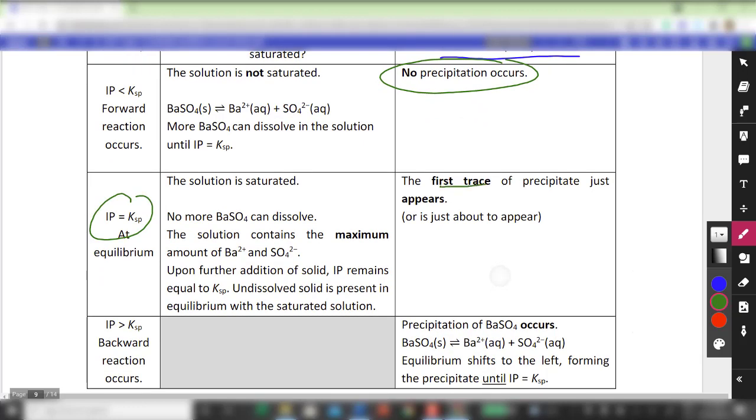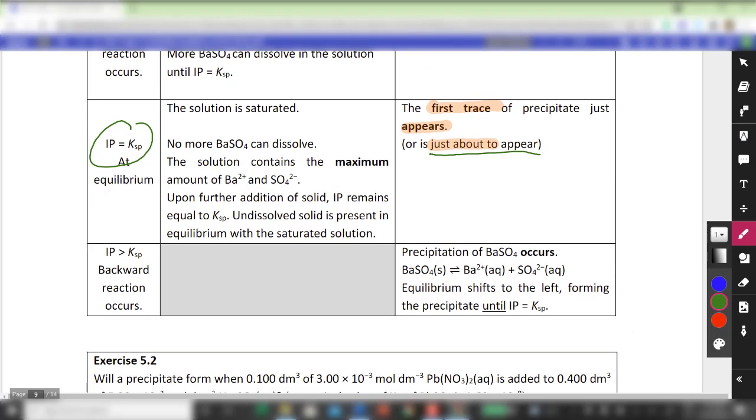You will see the first trace of precipitate just appears. It's like the precipitate wants to come out but is not able to, or is about to appear. So these are the two terms you can use: the precipitate about to appear, or the first trace of precipitate appears. If ionic product is greater than Ksp, then precipitation will occur until IP equals Ksp.